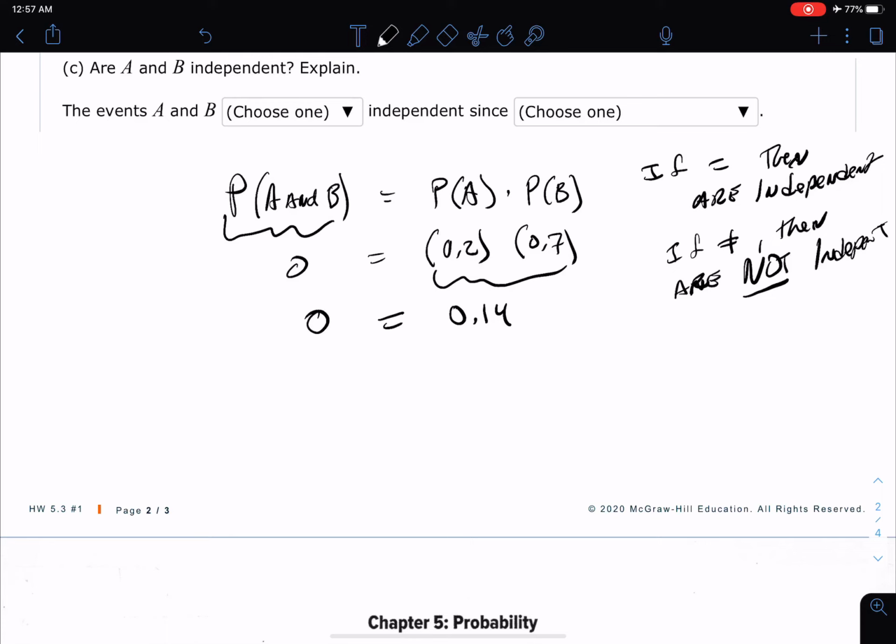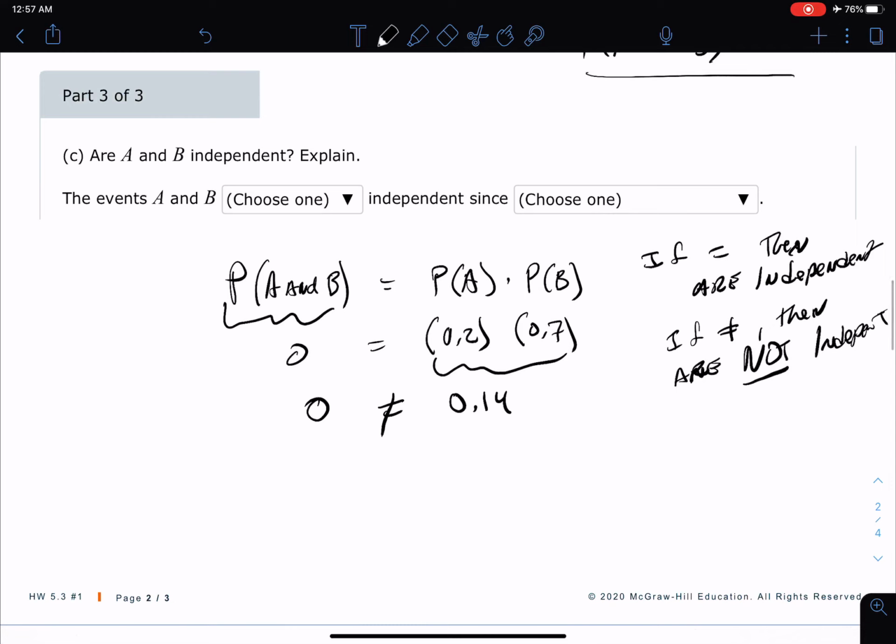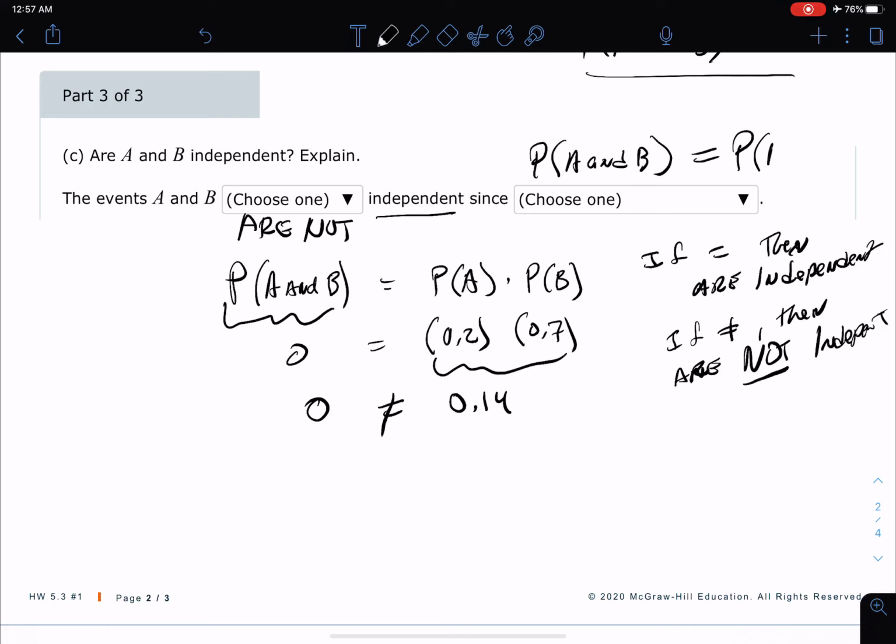But even though the left side is different, 0.14 still does not equal 0. So this is still going to be the events A and B are not independent. Why? Because the probability of A and B does not equal the probability of A times the probability of B.